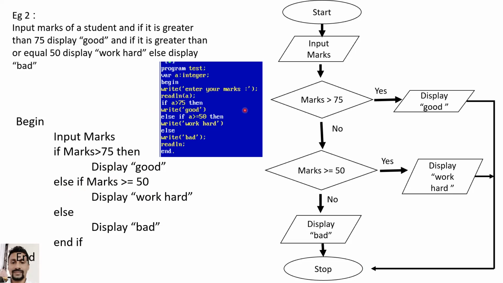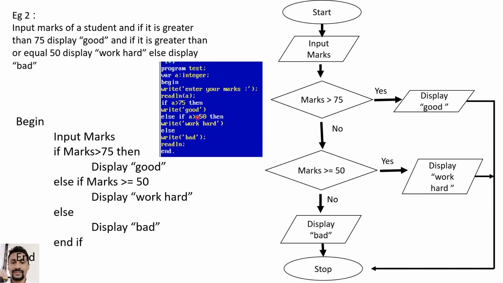Now look at the Pascal program. Program test, I have used the same name. It's easy for me to design this one. That is the message you are going to display: enter your marks. Then readln A. You are taking whatever you are entering into the variable A. Then if A greater than 75, then write good.